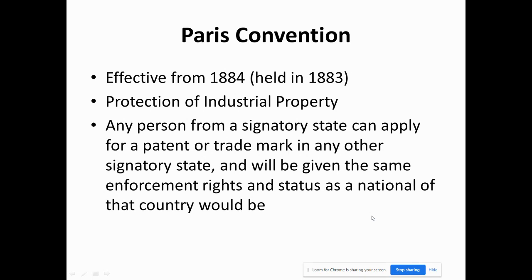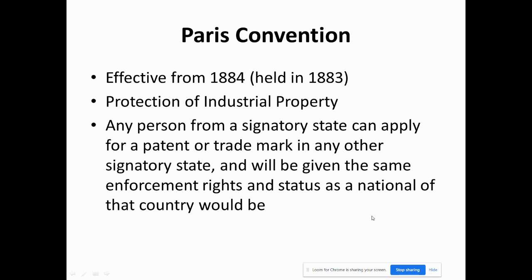So the Paris Convention basically says that if you are going for a patent or registering a trademark, it will be applicable across all the countries which are following the Paris Convention, irrespective of only your country.